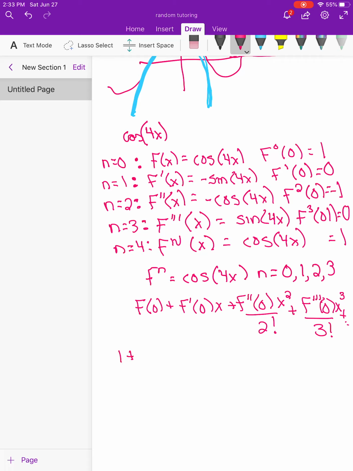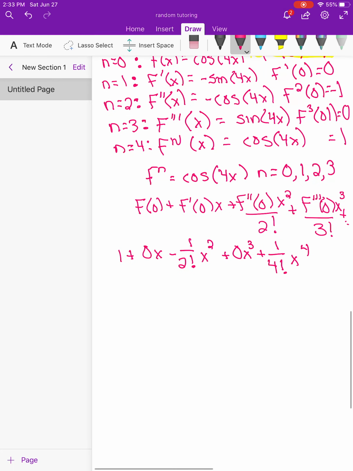In our case, we have 1, because our original function evaluated as 1, then 0 for the second term, so 0x, then minus 1 over 2 factorial x squared, plus 0x cubed, plus 1 over 4 factorial x to the fourth. So every other term in this series is going to be insignificant, and you only need even powers.